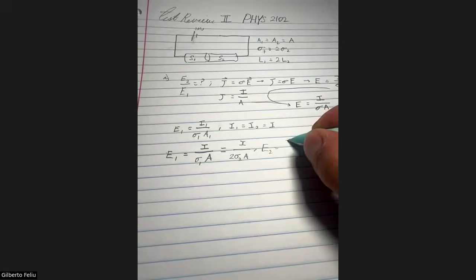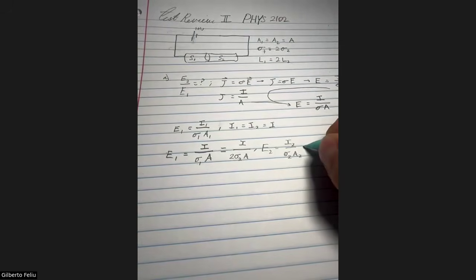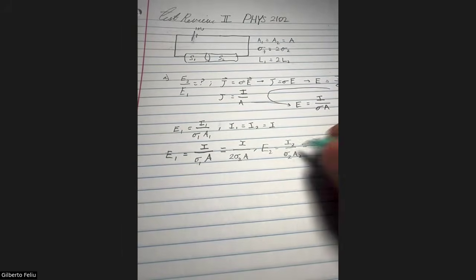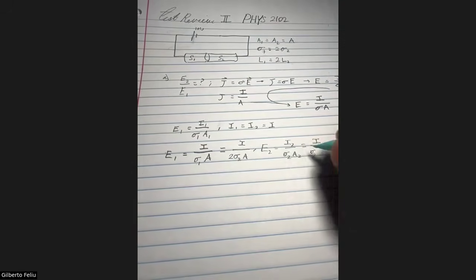E2 would be equal to I2 over sigma 2 A2, again with the generalizations that I earlier defined. We can just leave this because this is the variable we want things in terms of. And we just put A there.